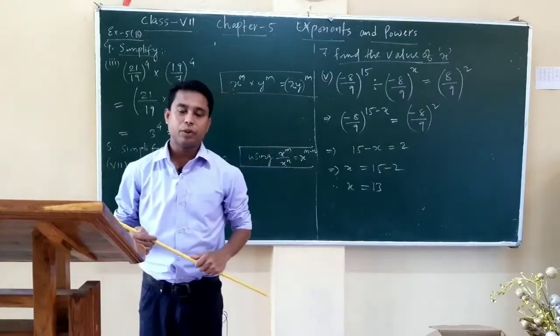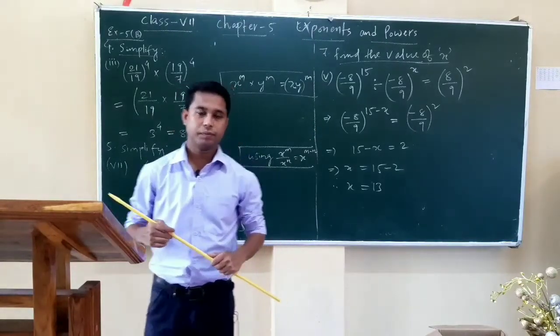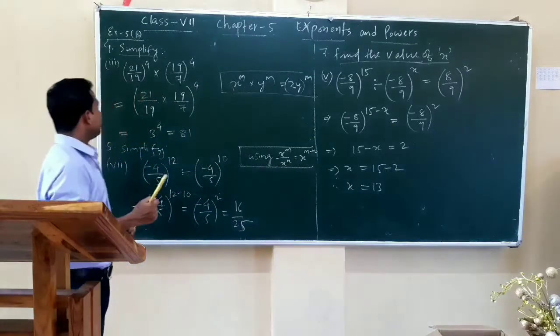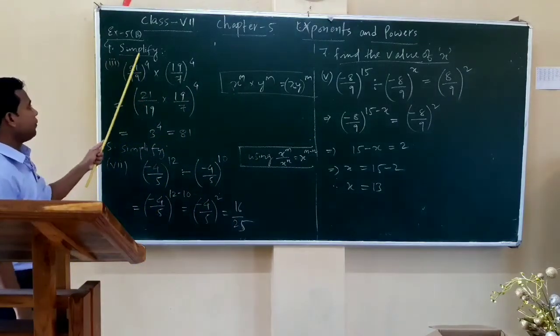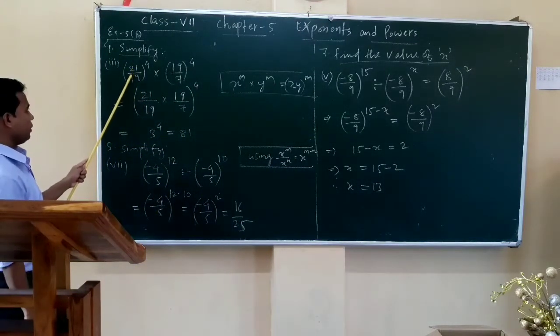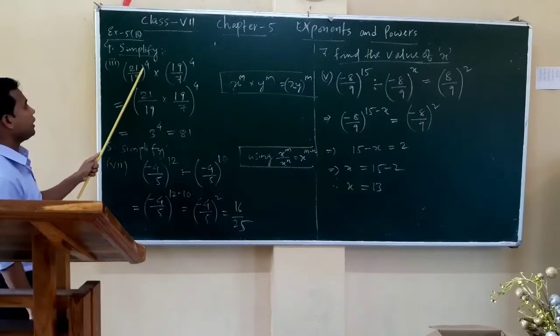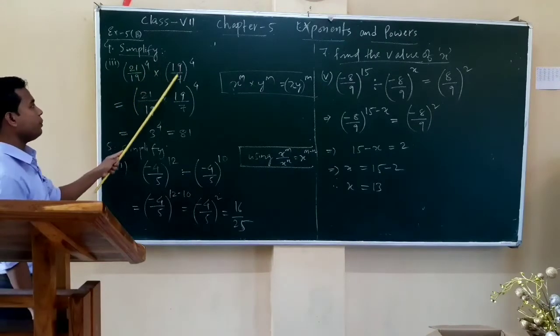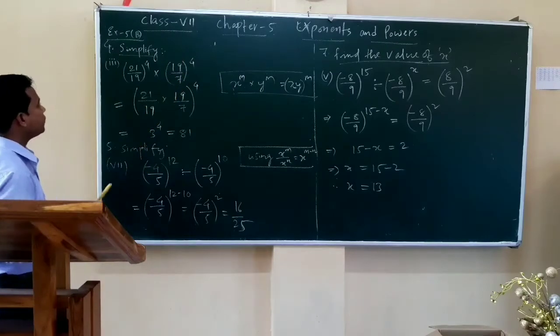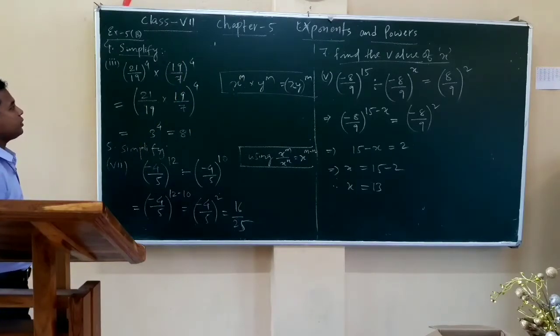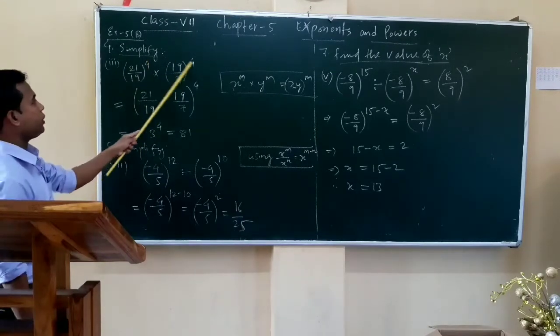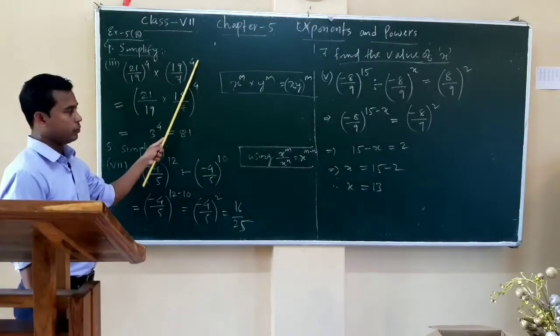Now, let us see some of the questions from the exercise. Simplify 21 by 19 raised to the power 4 into 19 by 7 raised to the power 4. In this case you can see the exponents are the same.